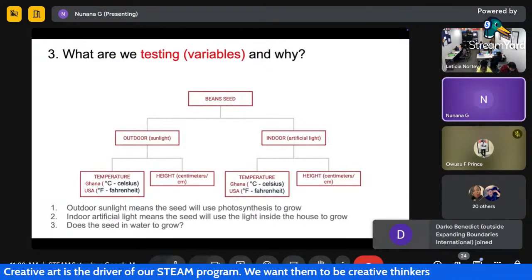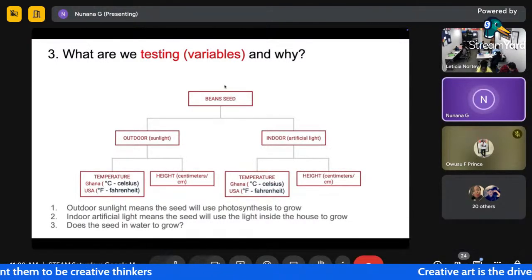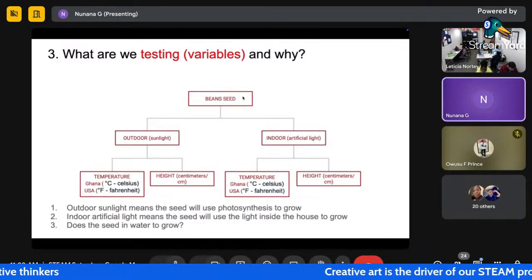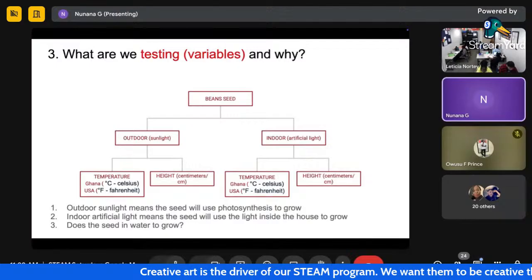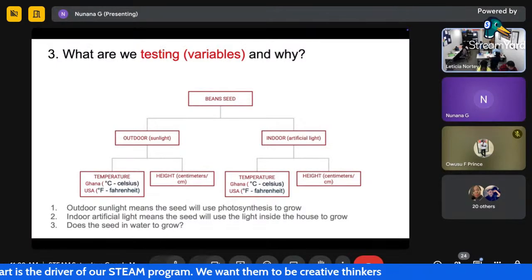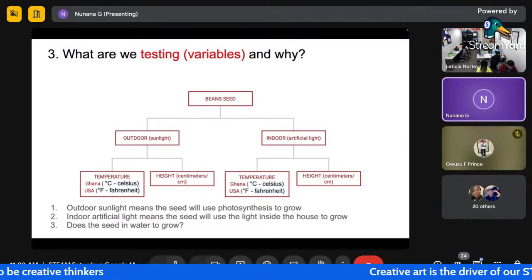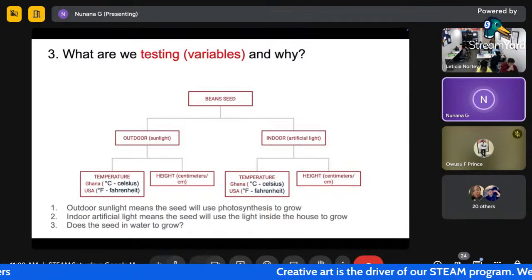So how do we now get to the experiment? We have the bean seed. We have two groups. Outdoor, which is getting the sun, and the indoor, getting the light inside the house, artificial light.